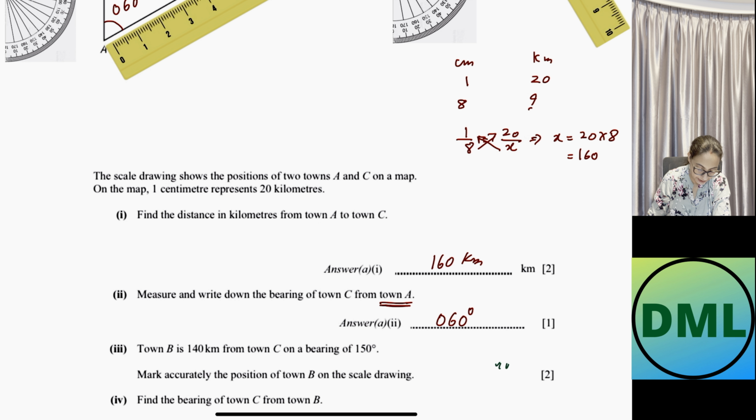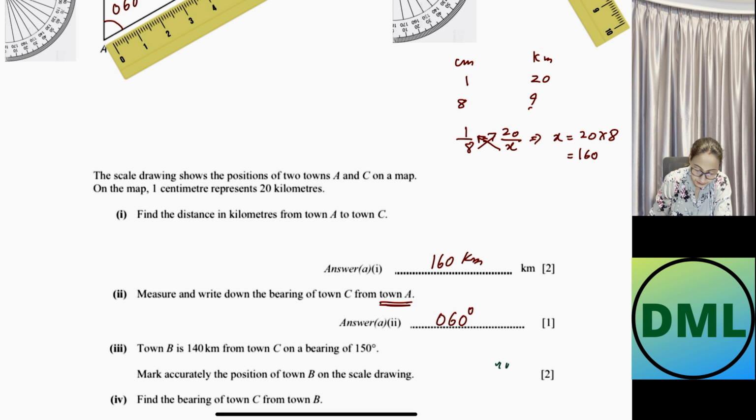Let's see the next part here. Town B is 140 kilometers from town C on a bearing of 150 degrees. Mark accurately the position of town B on the scale drawing. I need to convert 140 kilometers into centimeters first.